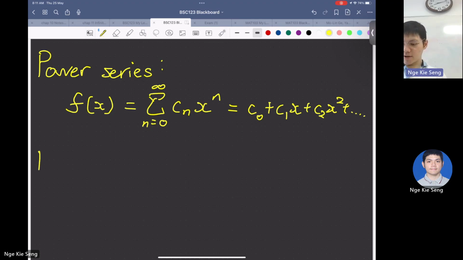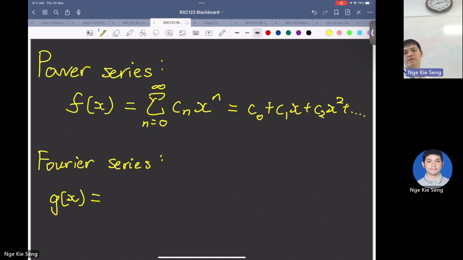Now we want to consider Fourier series. Okay, so what's Fourier series? So we want to write our g(x) in terms of cos and sine function instead of x to the power n. Okay, so it looks something like this.